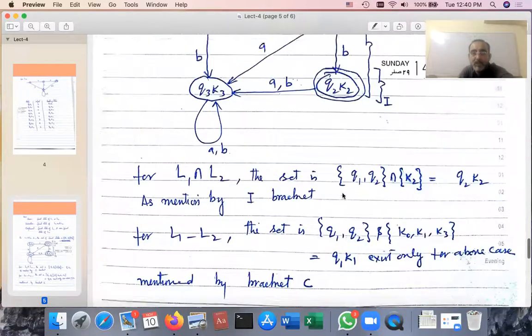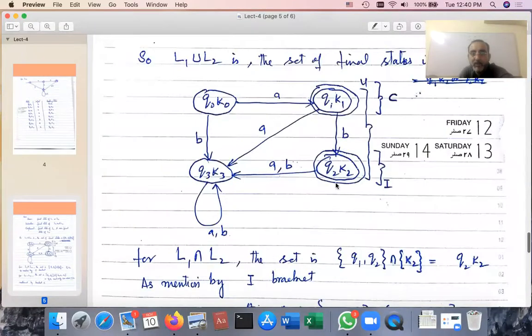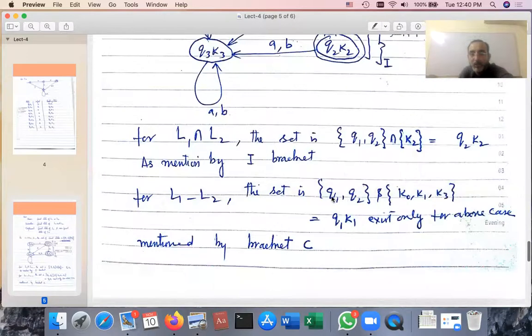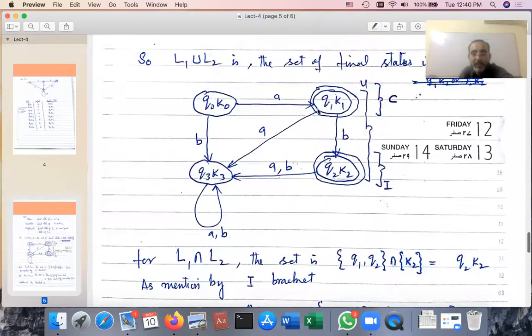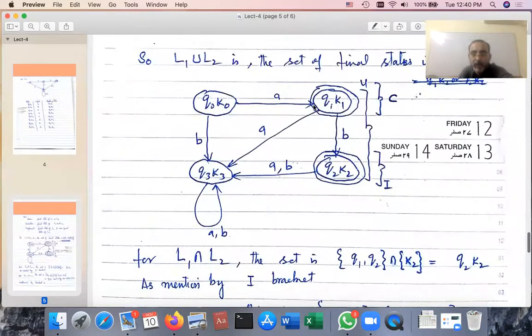Q2 K0 is not here. Q2 K1 is not here. Q2 K3 is not here. So only Q1 K1 is existing in this diagram, according to the combinations available, and then you can apply the double circle here and represent it with this bracket. And this state is the only final state in the DFA of the complement of the two languages L1 and L2.